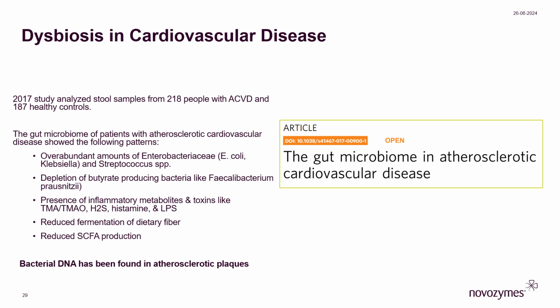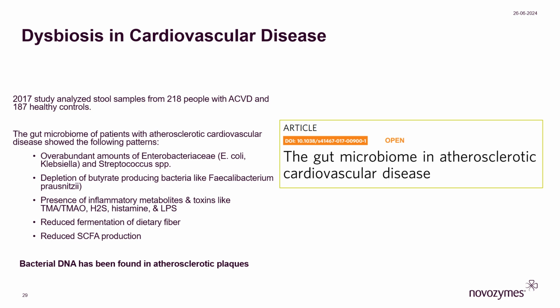This was coupled with a depletion of butyrate-producing bacteria like Faecalibacterium prausnitzii, one of our primary keystone species in the microbiome. We also saw a presence of inflammatory metabolites and toxins like TMA and TMAO, hydrogen sulfide gas, histamine, and LPS. This was also coupled with reduced fermentation of dietary fiber, which means a reduction in short-chain fatty acid production.